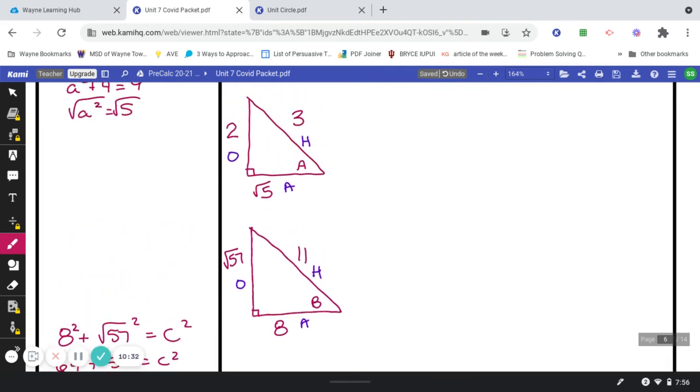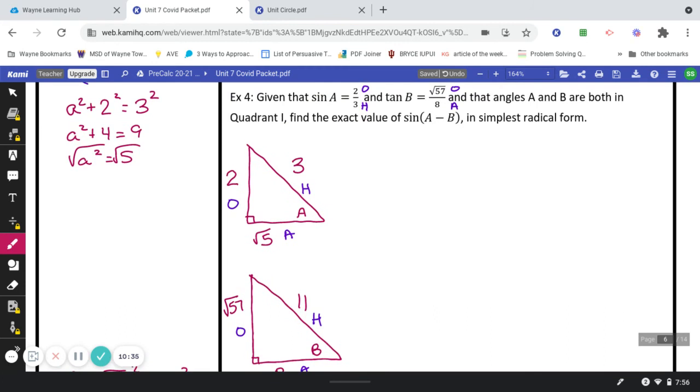Once you have all three sides of the triangle, it's time to move on to your sine of A plus B, this right here. So from the back of your unit circle, copy down the formula.